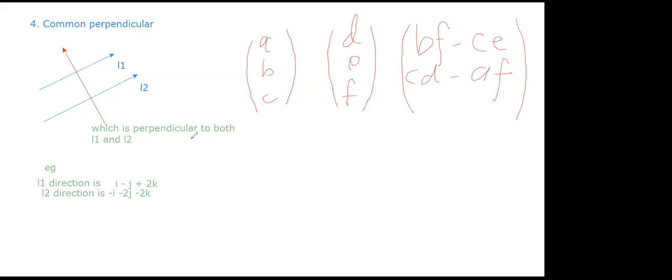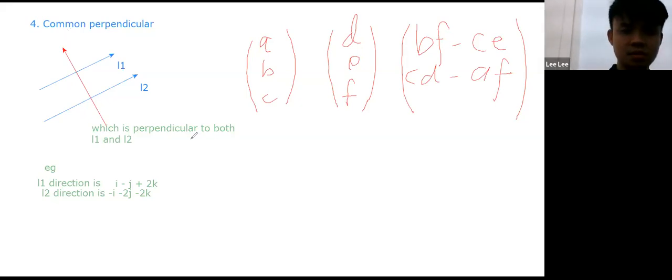When I'm about to solve the third one, I ignore the third one and go back from top to bottom again, so we have AE minus BD. Any questions?